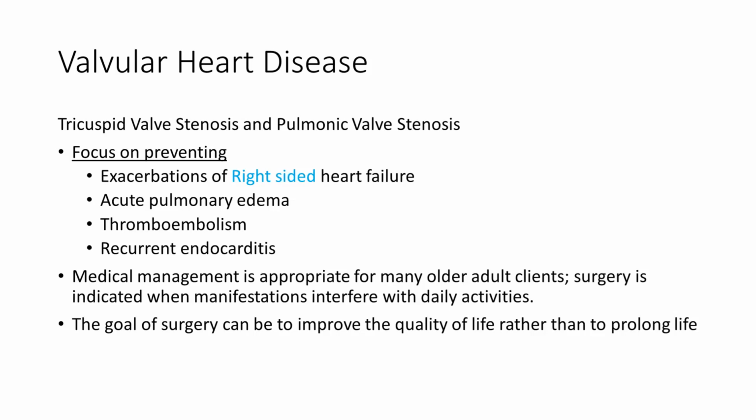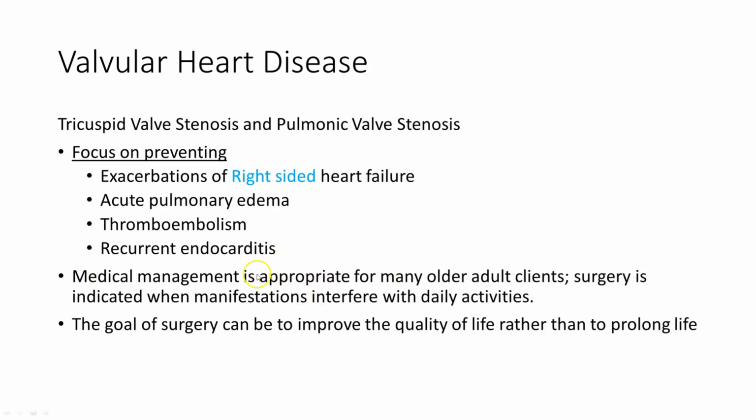Those clots are obviously going to become thromboembolisms. Or we want to make sure that they're not going to be at an exaggerated risk for recurrent endocarditis. So now I have this structural change there, and that bacteria likes to sit there. So if I have structural changes to the right side, the bacteria sits there, and the bacteria develops into an endocarditis.